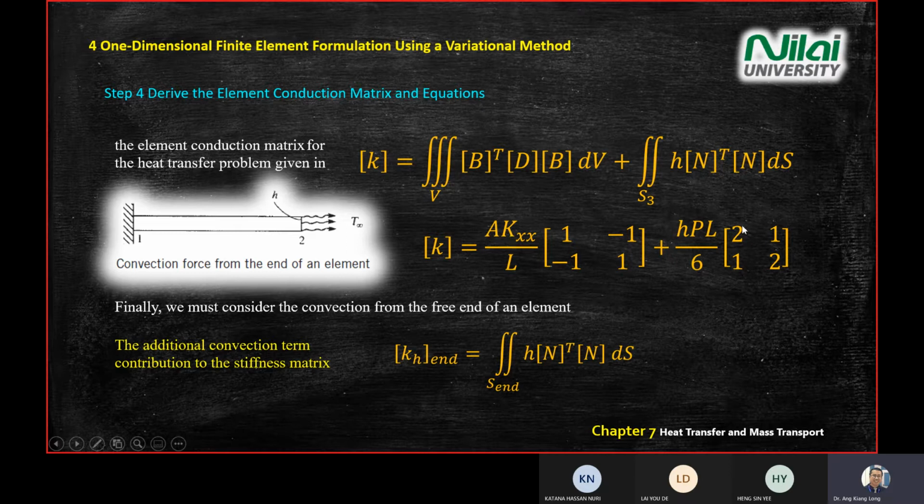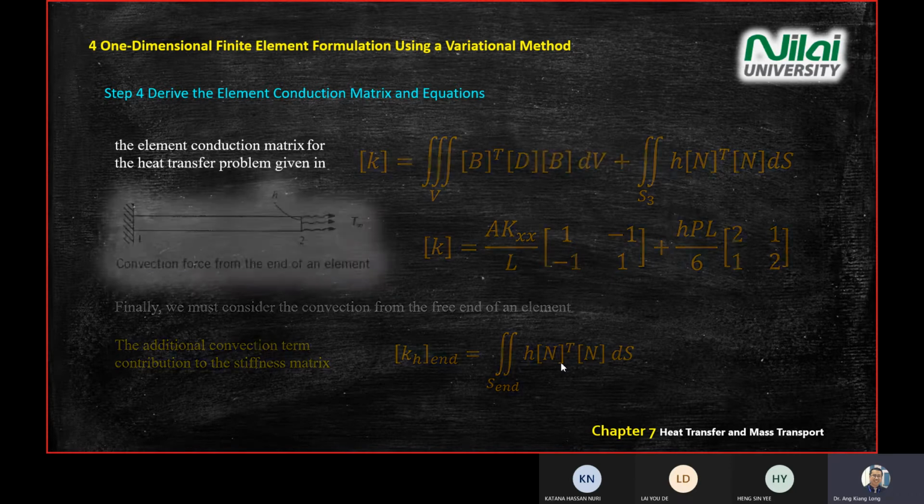This one is for convection. And there is a leakage of heat at the end of the object. You need to add this equation. So you add K sub H with subscript n, meaning you're focusing only on this process. The integration of H, N transpose times N dS. You add this equation inside there.